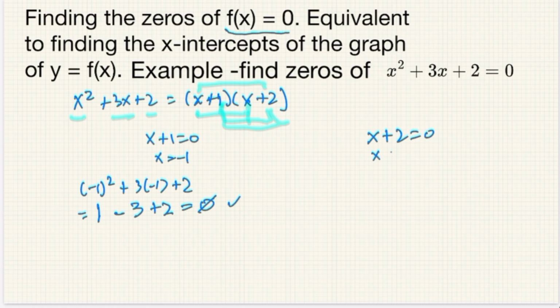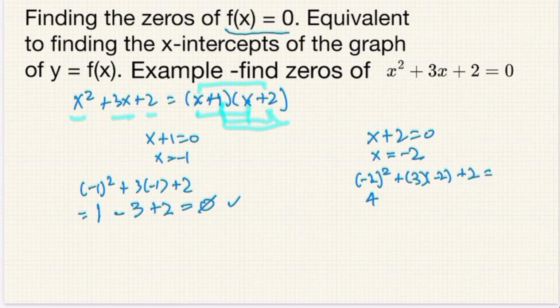On this factor, we're going to have x equal to minus 2, just adding minus 2 to both sides. Now let's stick that back into the quadratic equation. So we get minus 2 quantity squared plus 3 times minus 2 plus 2. What does that equal?